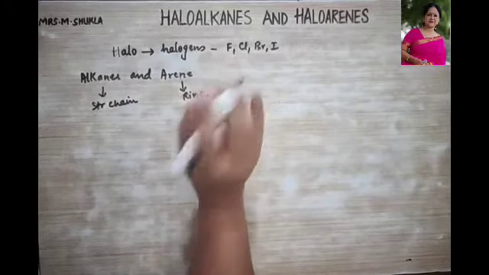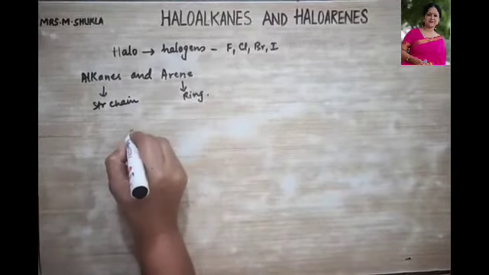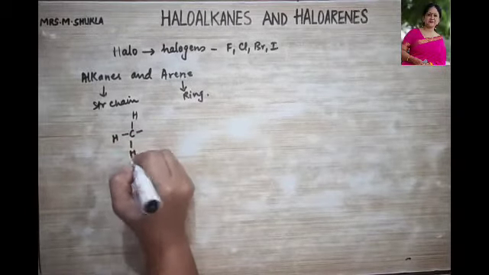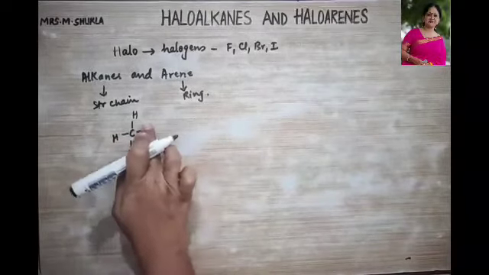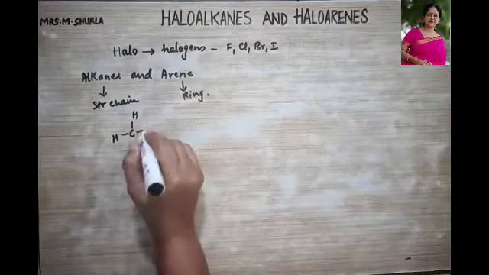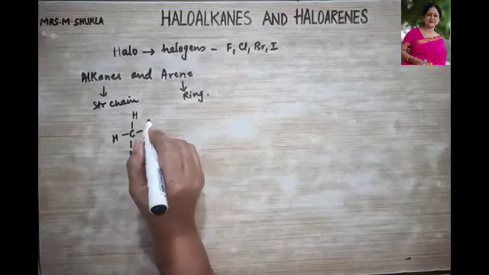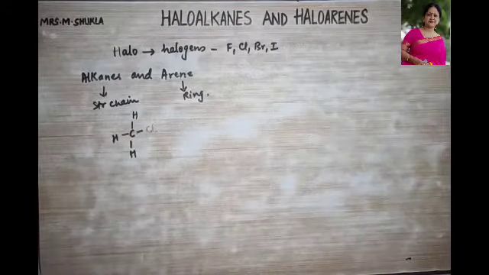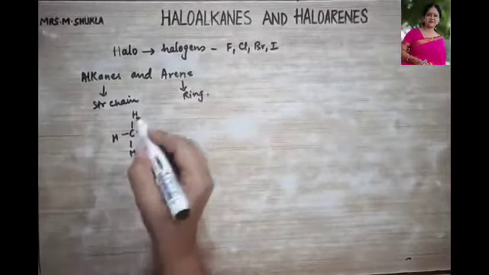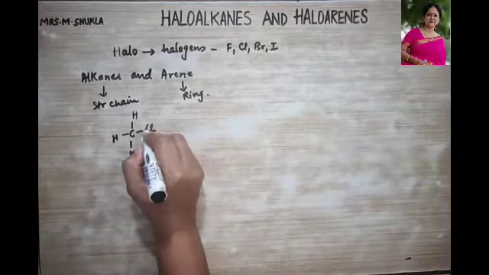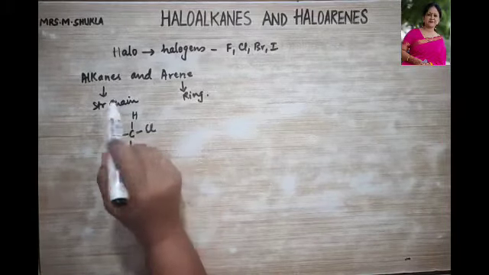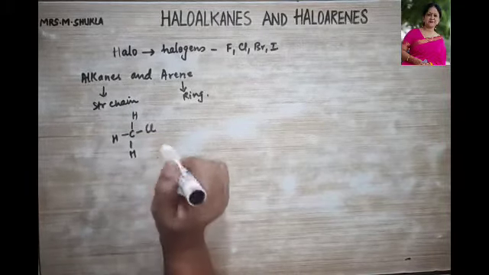Let us take a simple example, like methane. This is methane. If we remove one hydrogen from here and add a chlorine, this becomes your halogen derivative, which is also called a haloalkane.